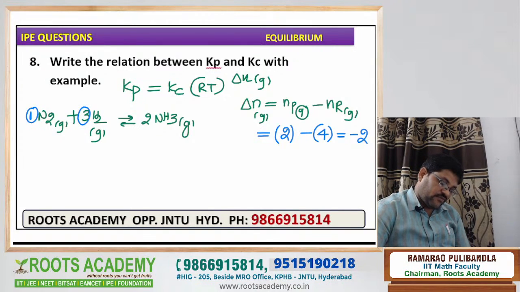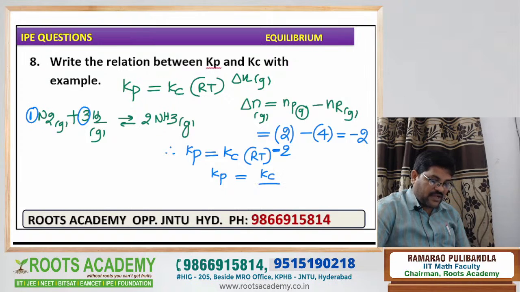Understood? Therefore, Kp is equal to Kc into RT whole power minus 2. So from that, Kp is equal to Kc by RT whole square.